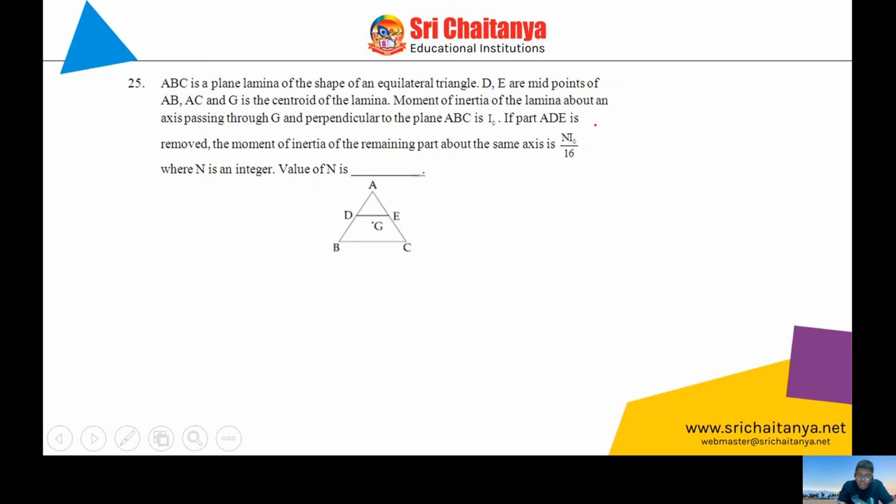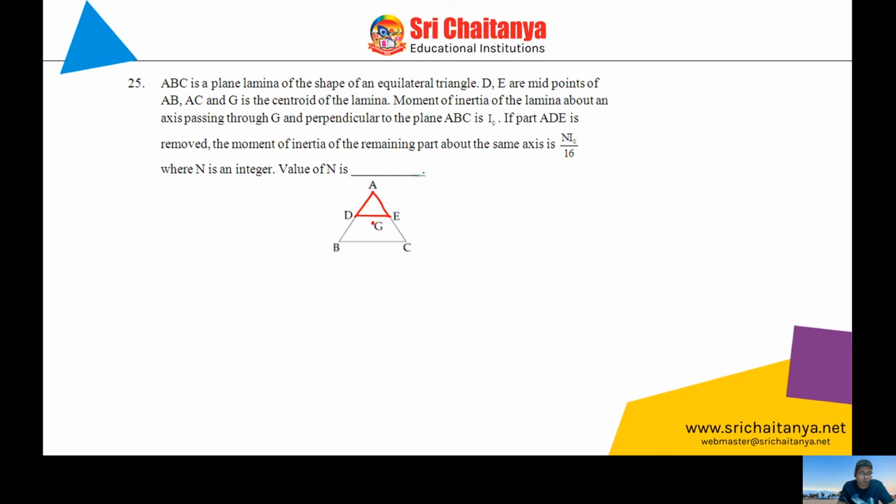So the idea is, if I somehow manage to find out the moment of inertia of the part DAE about an axis passing through G, then I will simply subtract it from I naught, and I will get the moment of inertia of the remaining part.